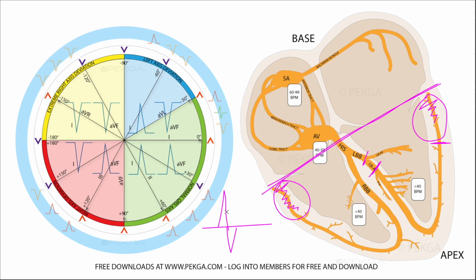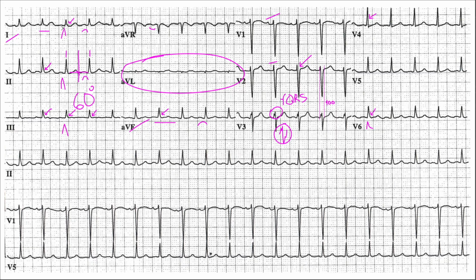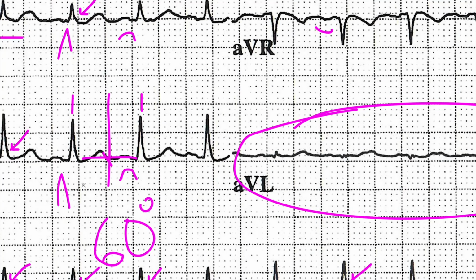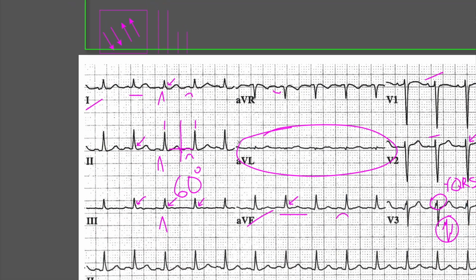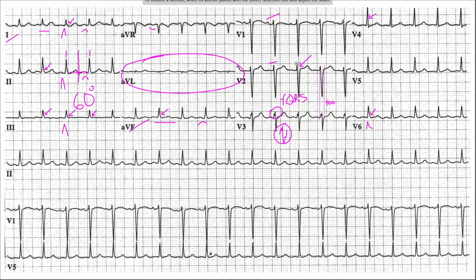However, if you don't have an S wave, what you might expect to see is a kind of widening of the R wave at the very end. And we do see that, right? We do see that globally here. So yes, indeed, I would say that we do have an incomplete left bundle branch block.